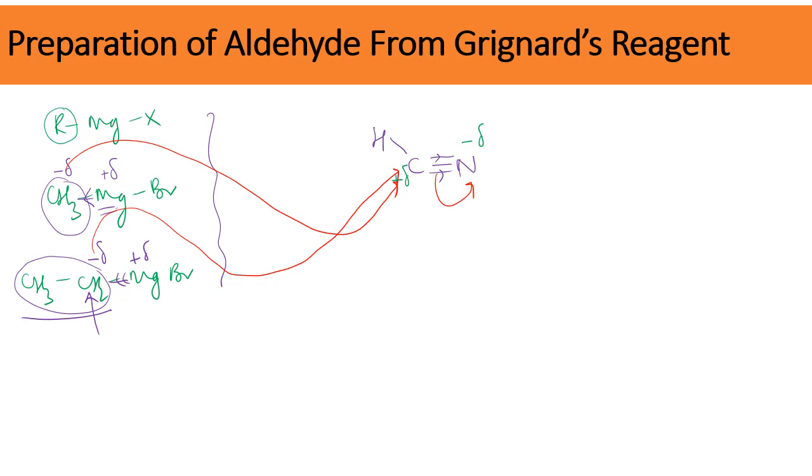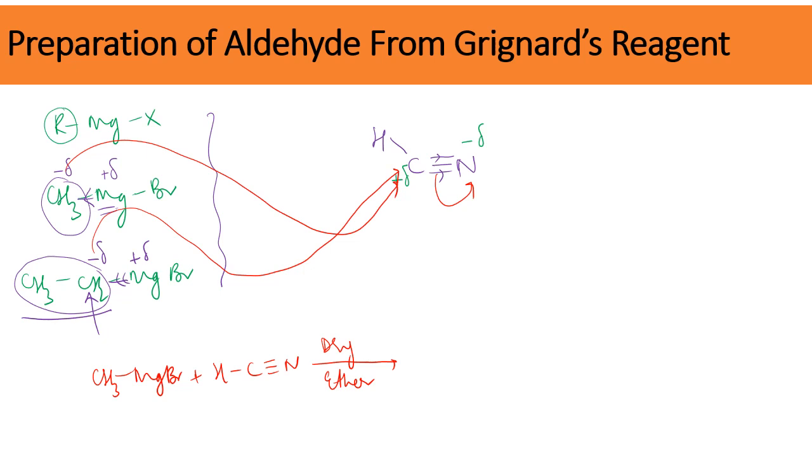Starting with CH3MgBr, I am writing the complete reaction now. CH3MgBr we have taken. We are putting hydrogen cyanide in this reaction. Since it is the reaction of a Grignard reagent, the condition will be dry ether, as it is always in the case of Grignard reagents.